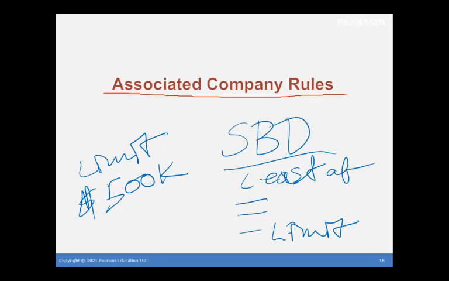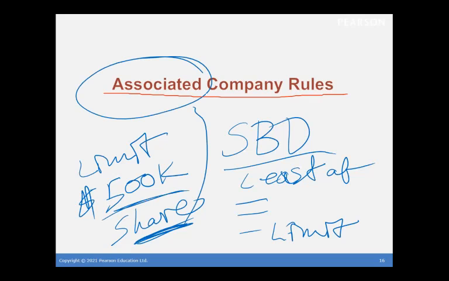But sometimes that would be less because we had to share our limit with associated companies. So in previous questions you guys have done, you were just told, yep, these companies are associated and they're sharing 250 each or whatever.